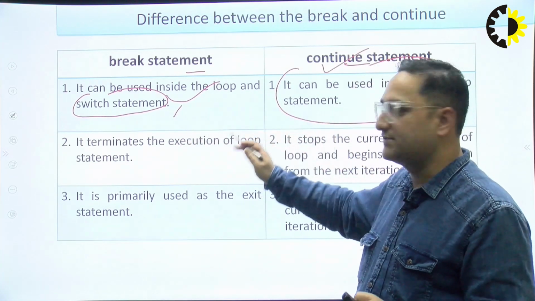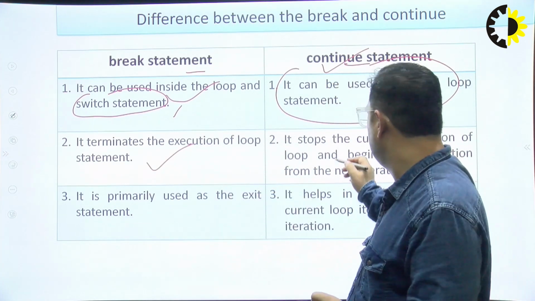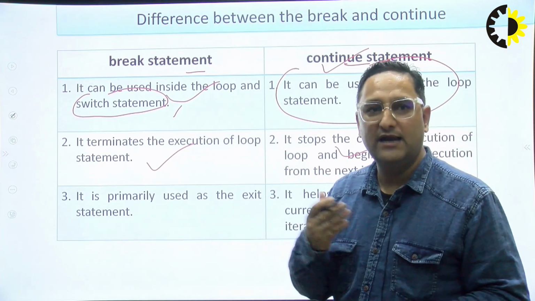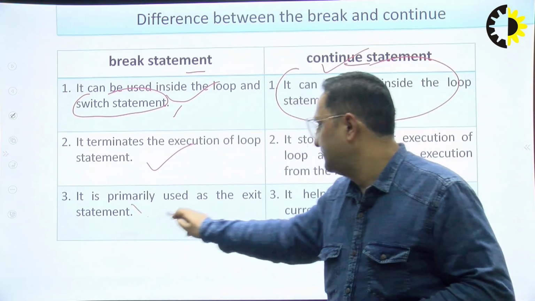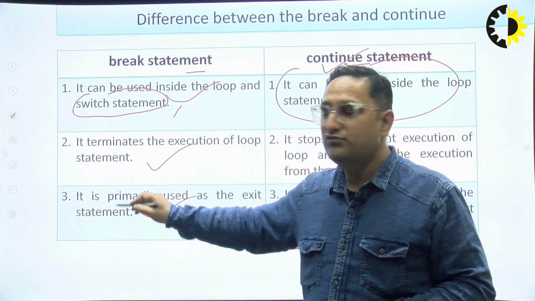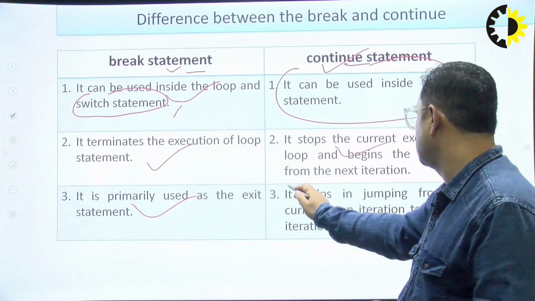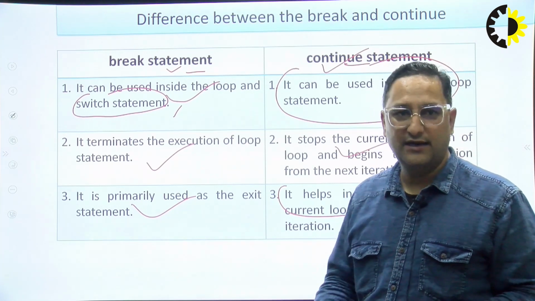It terminates the execution of the loop statement, as I just mentioned. It stops the current execution workflow, and it is primarily used as an exit statement because you are exiting from the loop, and this helps to jump out of the iteration, right?